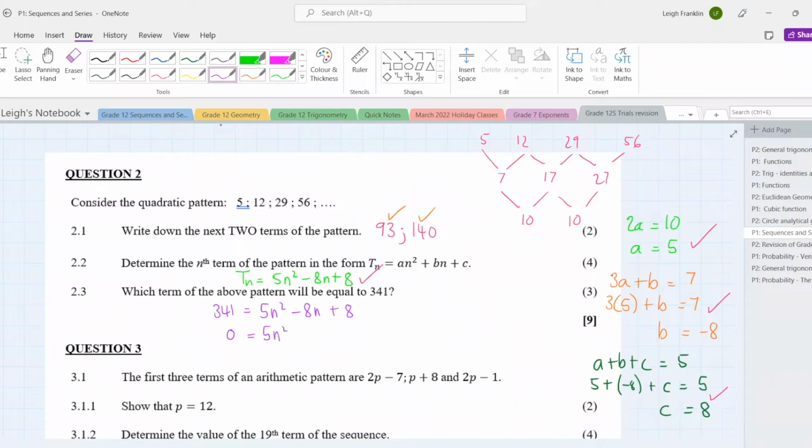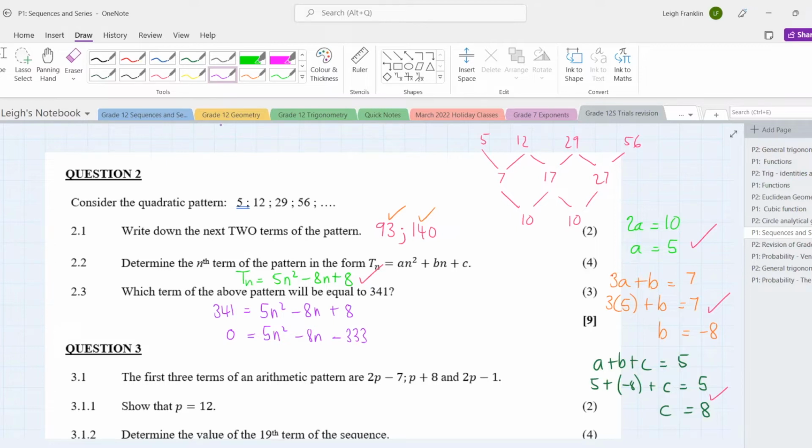So 5n squared minus 8n, and now we've got to take 341 away from 8. So 8 minus 341 leaves us with negative 333. Now when we get to this stage, I think that is an absolute mission to factorize. We can sit around and play on our calculator for a little bit, but really we're wasting time.